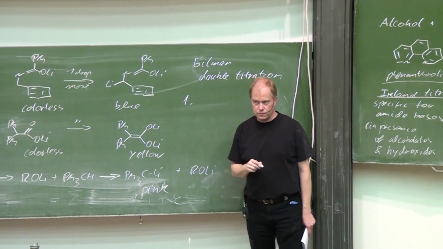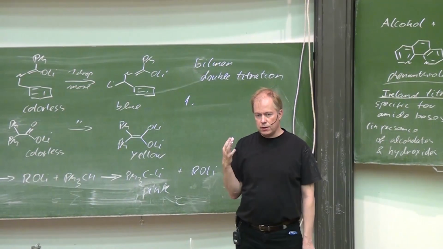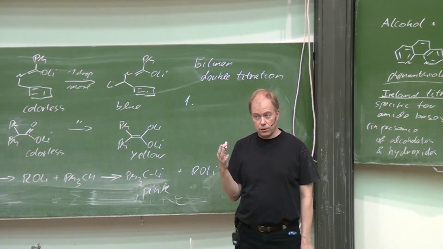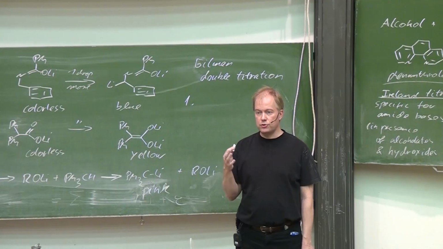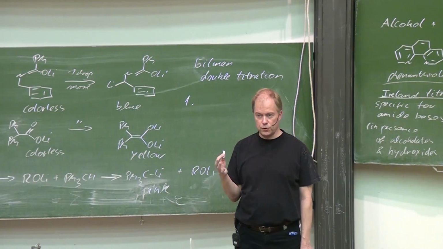First titration, very simple. You take about 1 milliliter of your solution and completely hydrolyze it, and then you titrate that against, for instance, phenolphthalein as indicator with 1 molar hydrochloric acid.